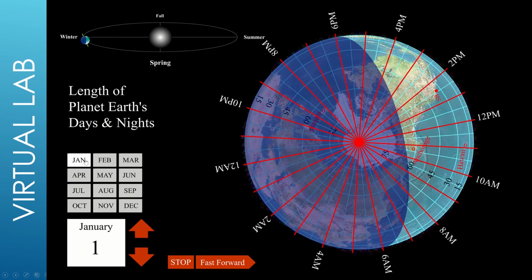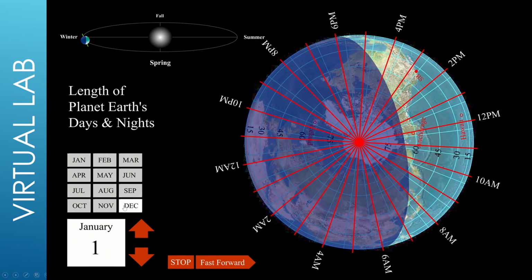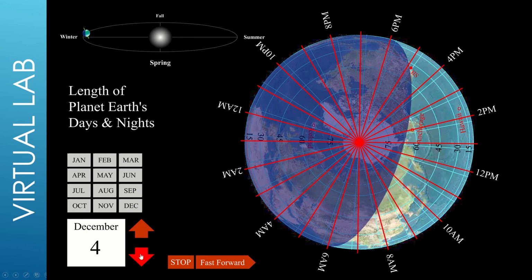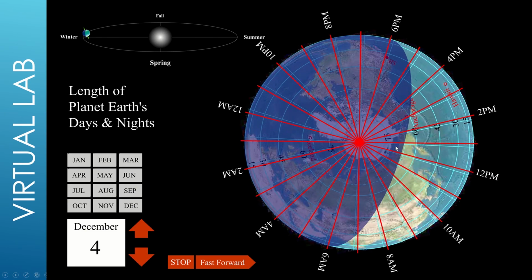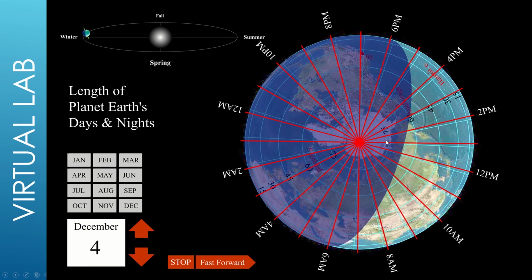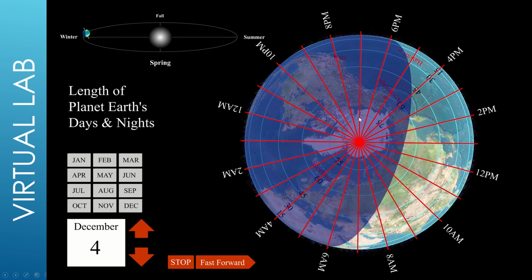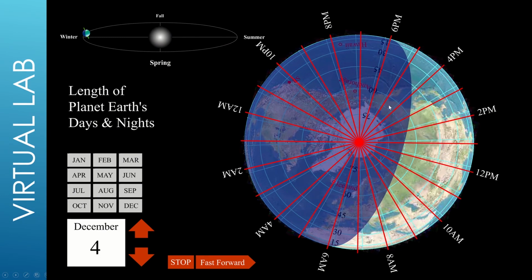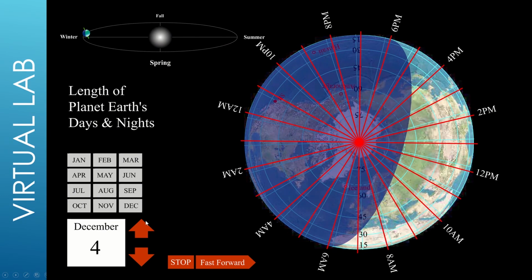So if we were looking at January, which actually, let's go to December. This is where we're roughly at right now. And so this is going to be 24 hours of night, 24 hours a day, 7 days a week, nighttime.